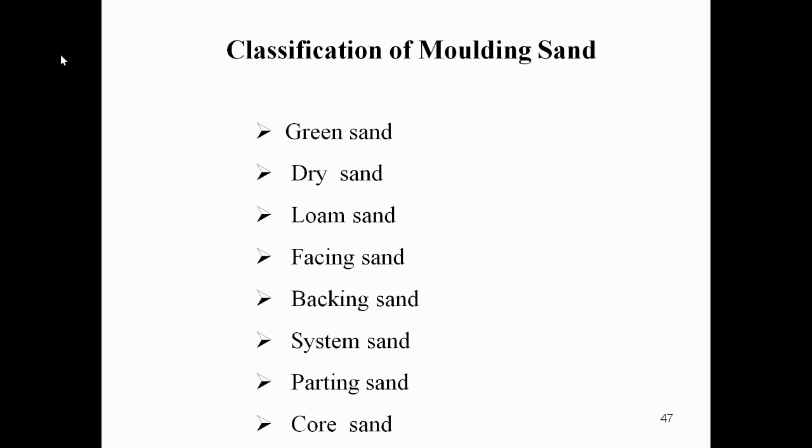All these are the different types of molding sands. That is the classification of molding sands. So here we have eight types of sands: green sand, dry sand, loam sand, facing sand, baking sand, system sand, parting sand, and core sand.